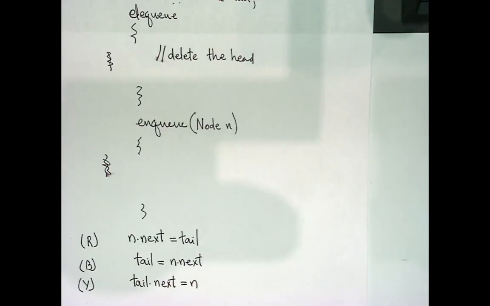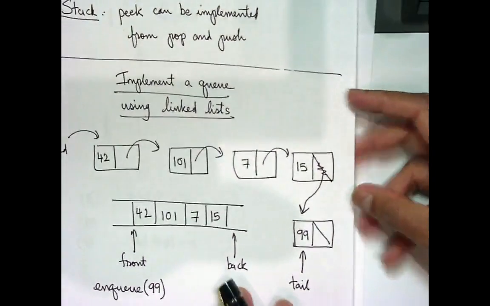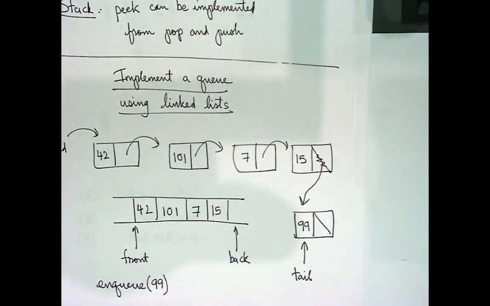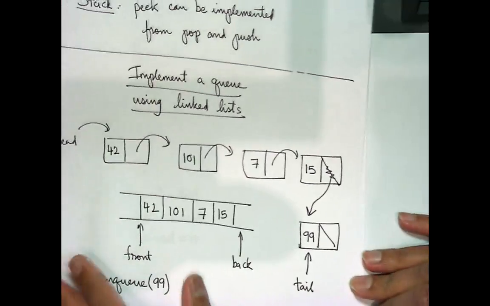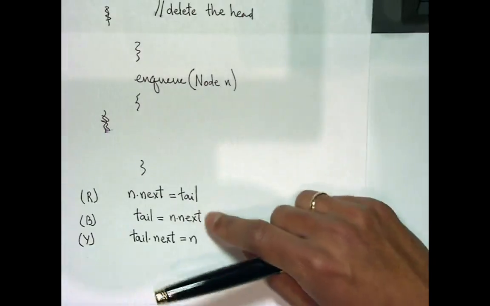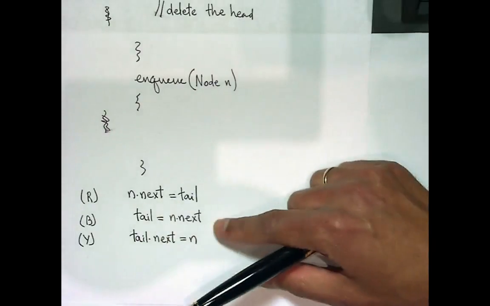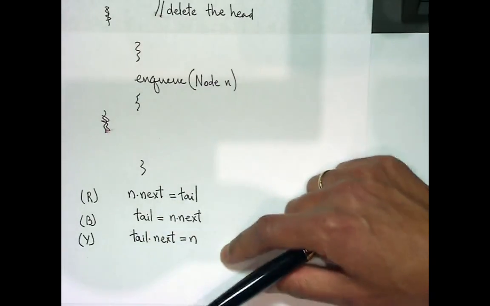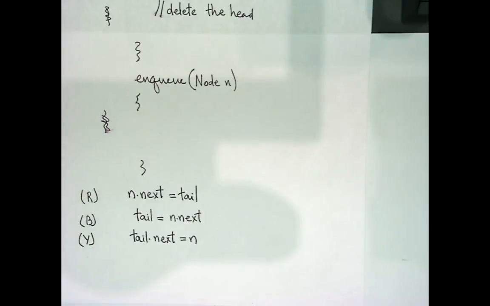This is your linked list here. You want to insert something at the tail. This is an example of a question that I could ask at the midterm. You have to insert a new node n. How many of you are not sure? Raise your hand.